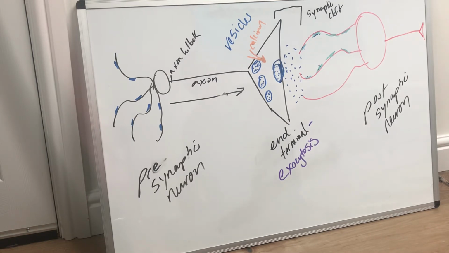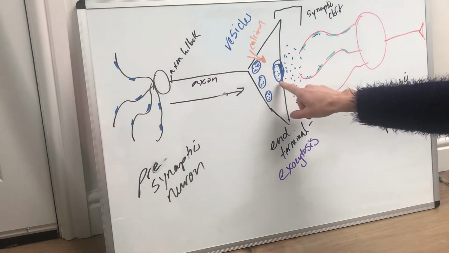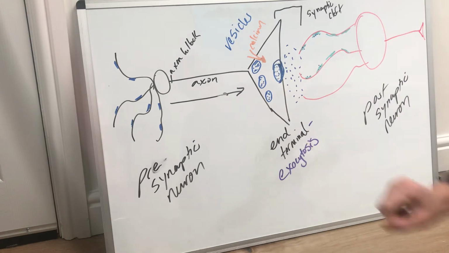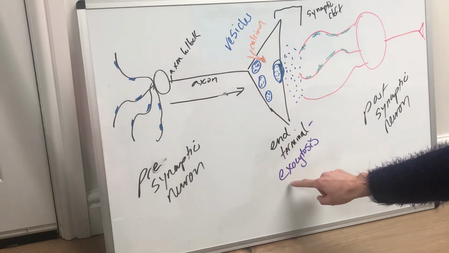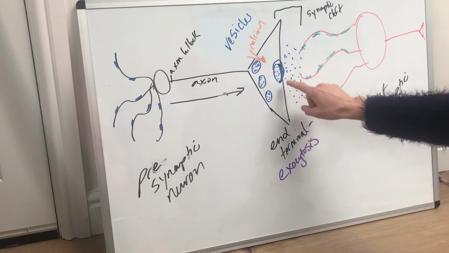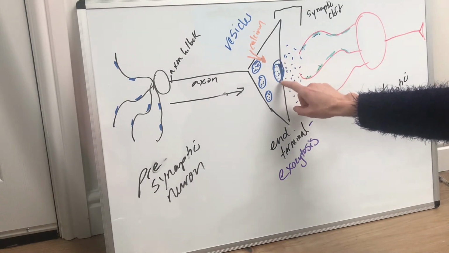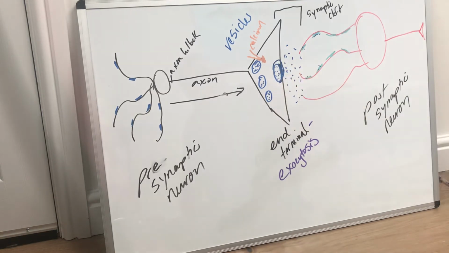But when calcium comes in, some of these bubbles are actually quite close to or even attached to the membrane of the end terminal. And calcium triggers a process called exocytosis, which causes the membrane to fuse with the vesicle and allow that neurotransmitter to be released into the synaptic cleft.